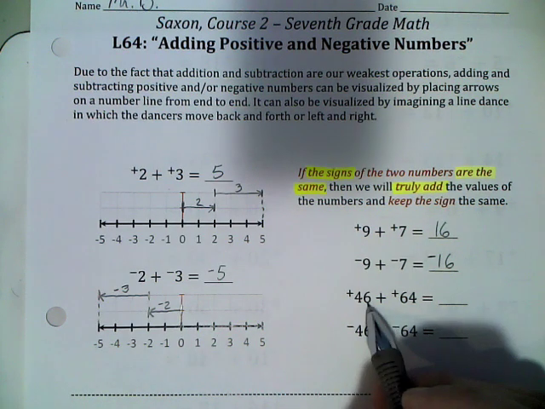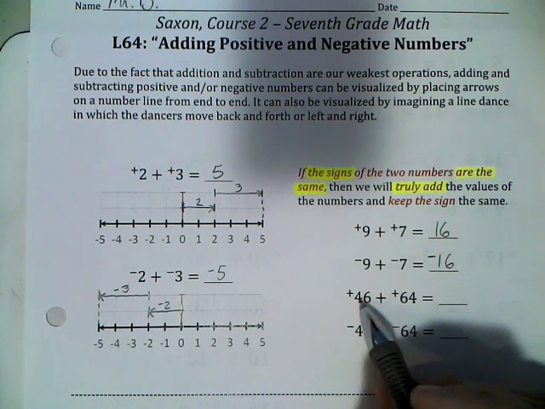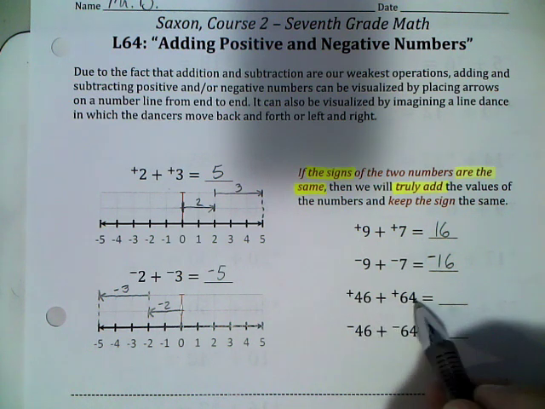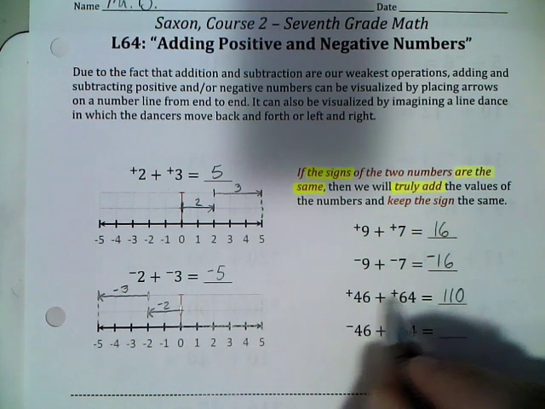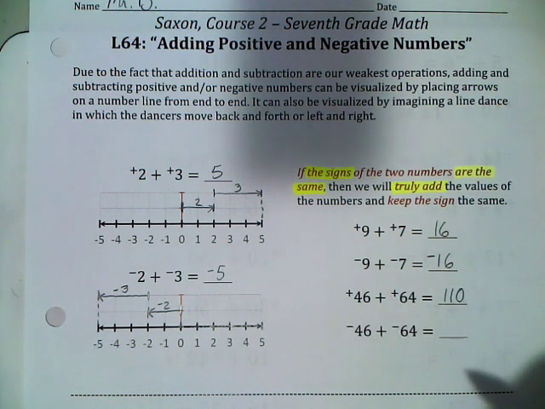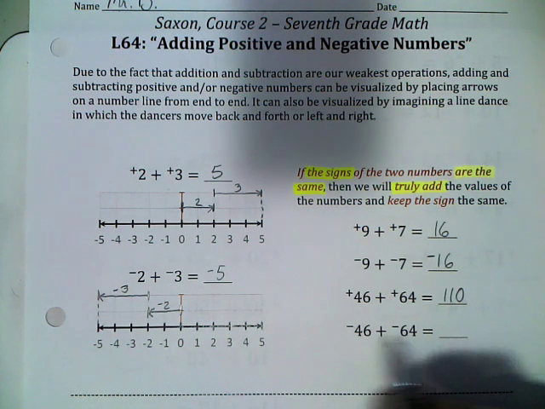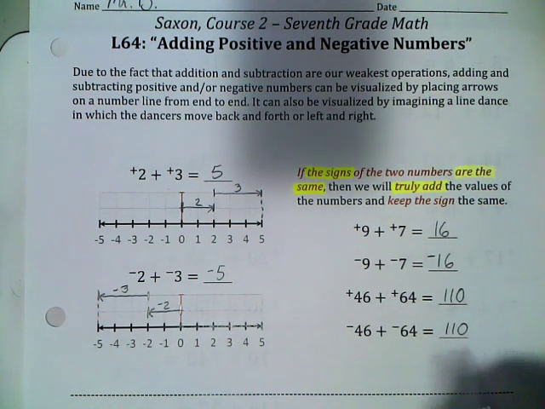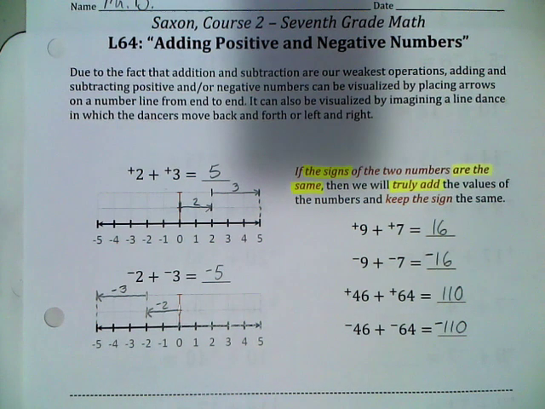Down here, a 46 plus a 64, well, 40 plus 60 is 100, 6 plus 4 is 10, so that's got to be 110. And since these are both positive, that's positive. Down here, these are both negative, so I'm going to add them up. Again, same thing, this will still be 110, but since they're both negative, we're going to be off to the left. That'll be negative.